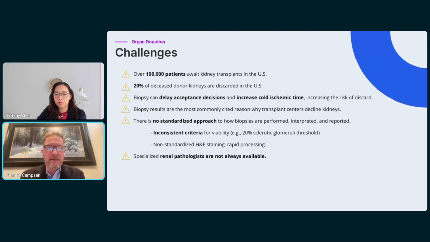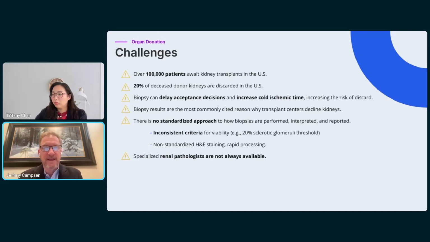The biopsies can delay these acceptance decisions and increase the time and increase discard rates. In the literature, biopsy results are the most common reason cited for why transplant centers decline kidneys. So it shows you the gravity of getting an accurate biopsy in a timely fashion.